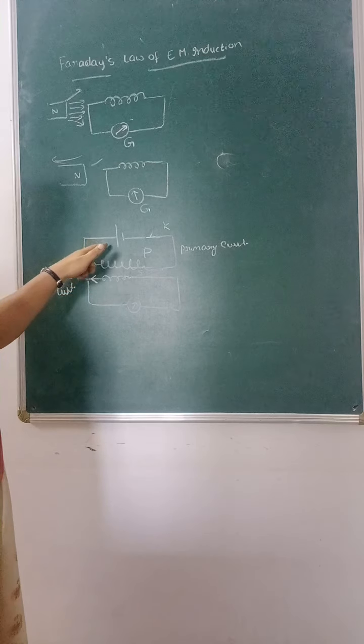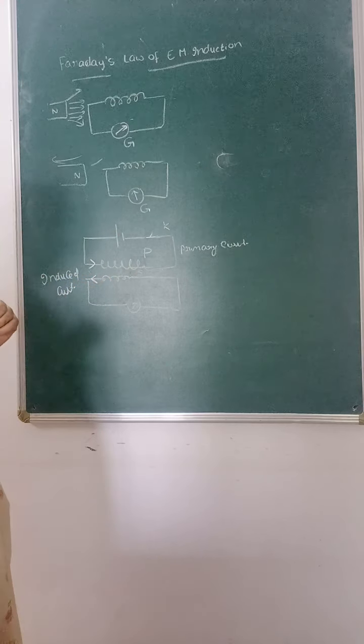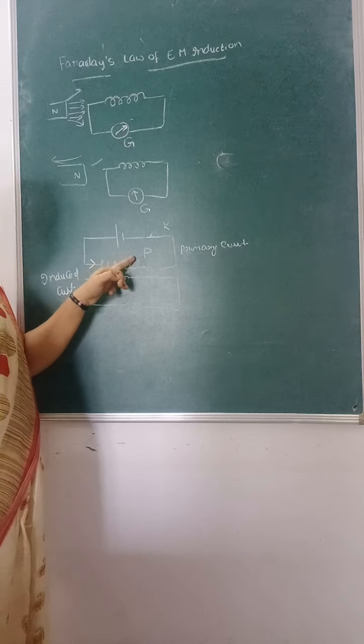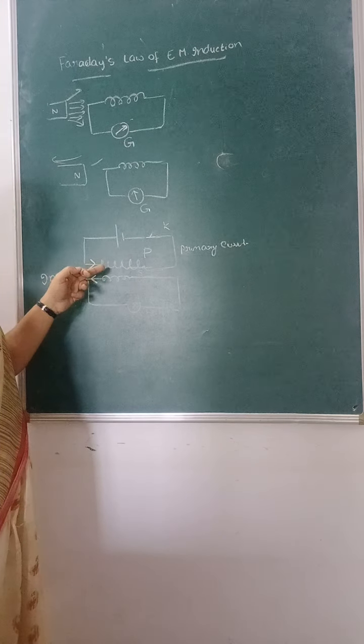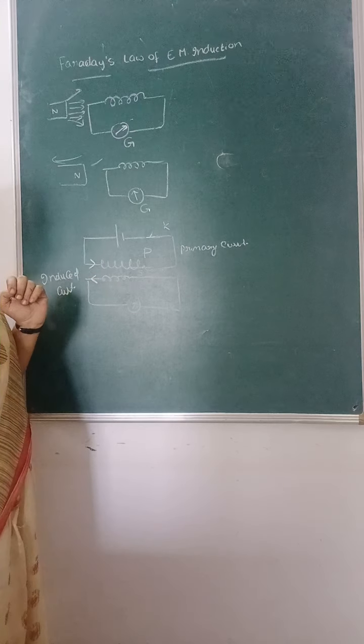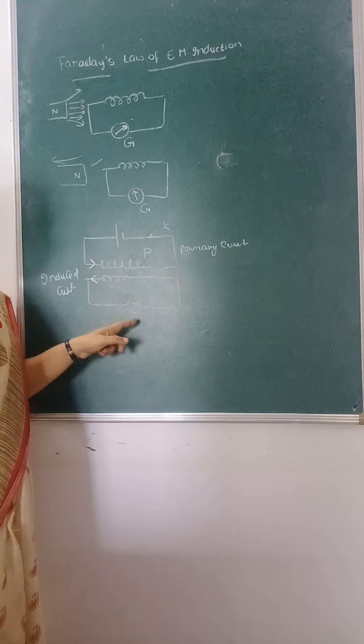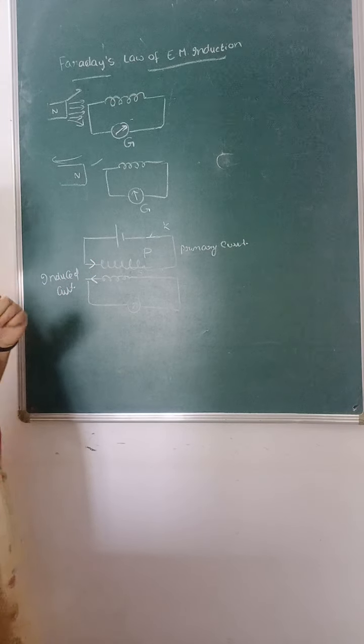When the power supply is switched on, this primary current generates an induced current in the secondary circuit, and this current shows a deflection in the galvanometer.